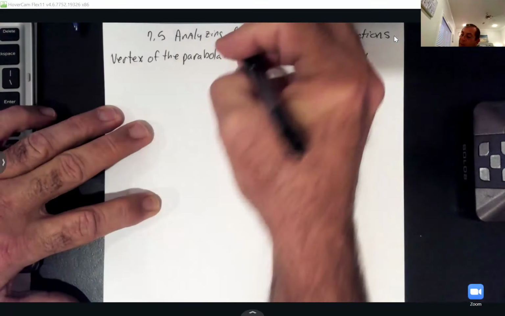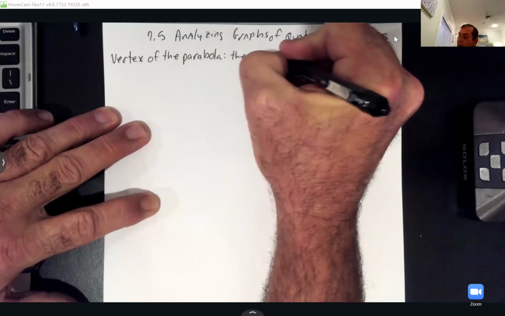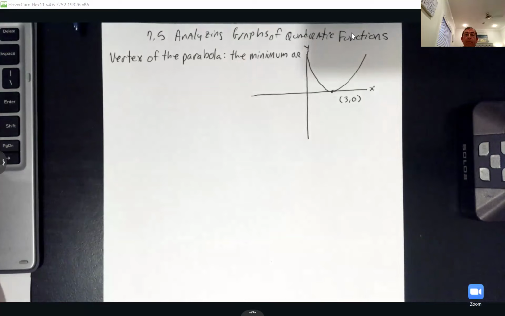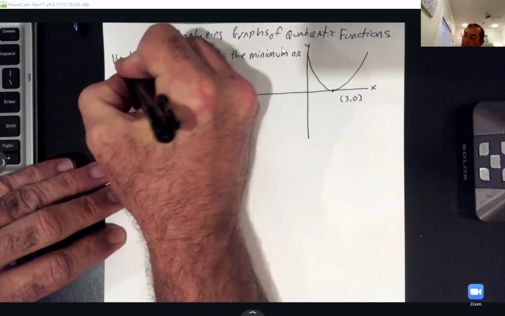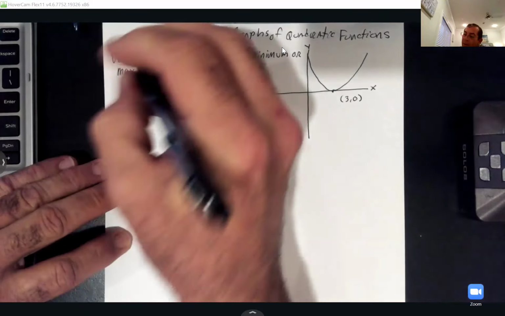Okay, so it is the minimum or maximum point of the parabola.